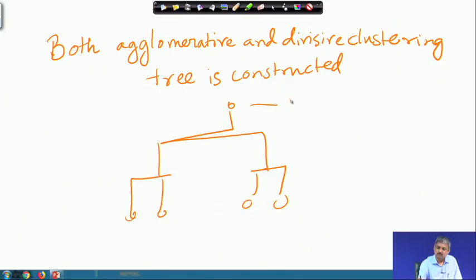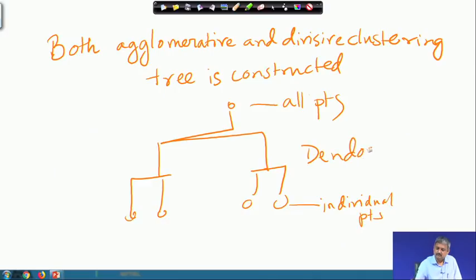The leaves are the individual points. This tree is known as the dendrogram.